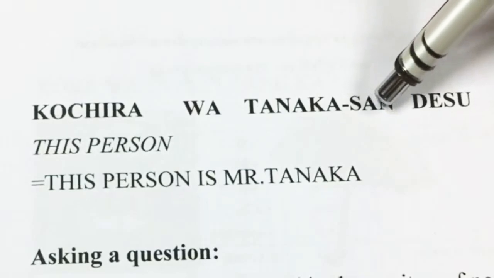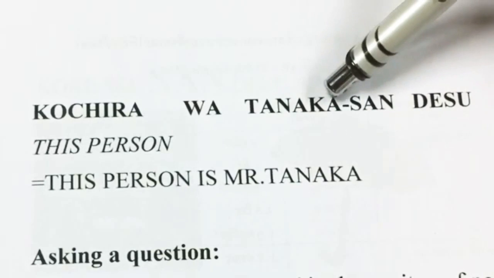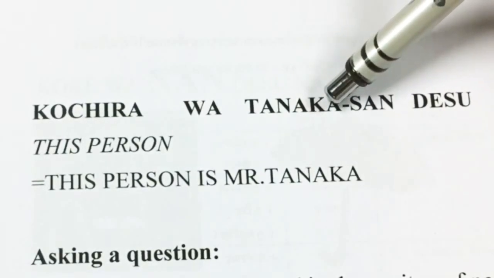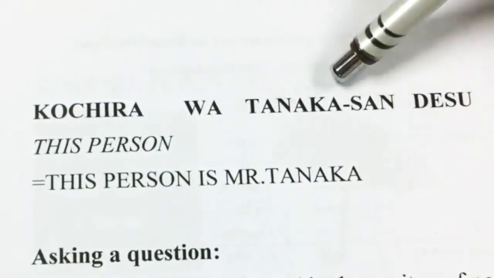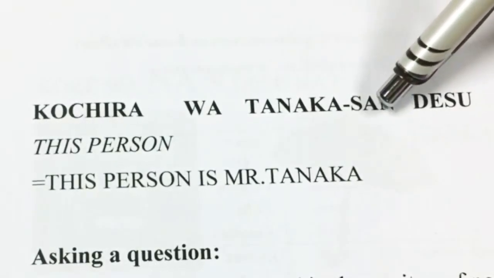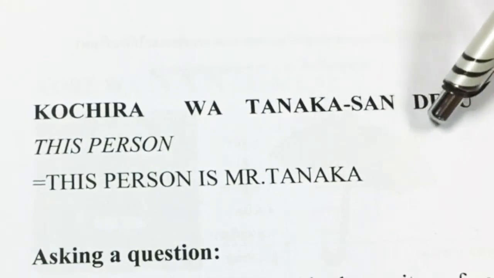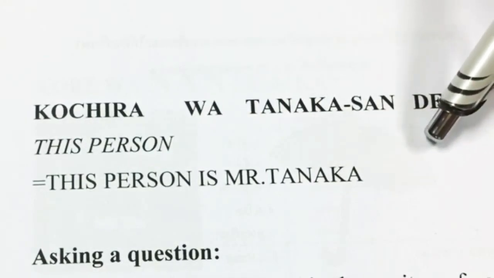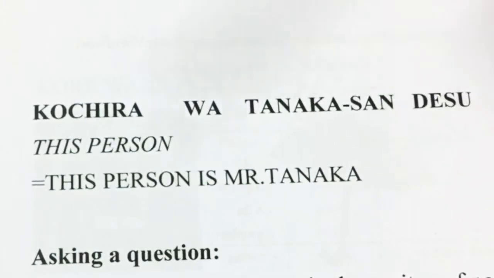In the Japanese language system, you add "san" at the end of a person's name, mostly family name. Japanese call people by their family name. So if you add "san" at the end of the name, it will be very polite. Like in English, we call Mr., Miss, or Mrs. So this "san" can be used for men, women, and everybody if you want to show respect to those people.